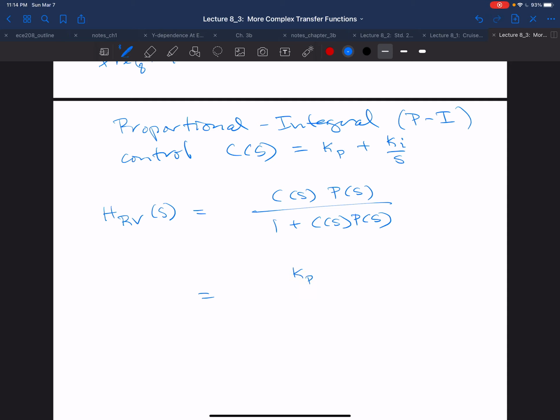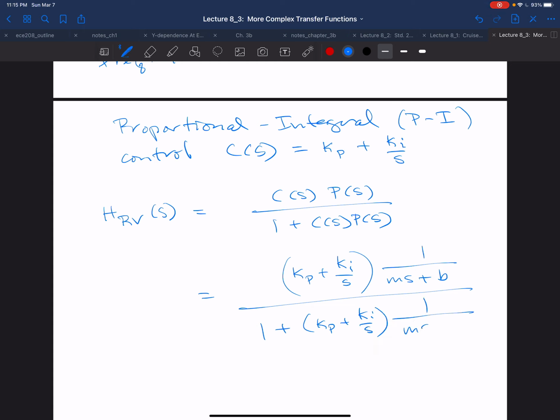So what does the transfer function from the reference input to the speed look like in this case? There's our C of S. We multiply that by the plant transfer function, 1 over ms plus b, divide through by 1 plus that C of S times 1 over ms plus b.